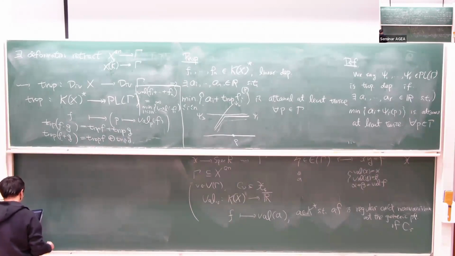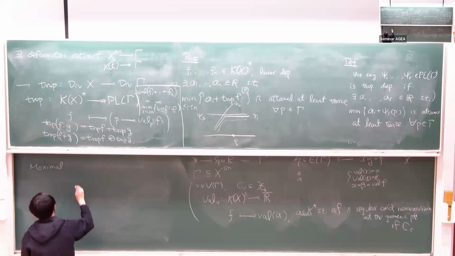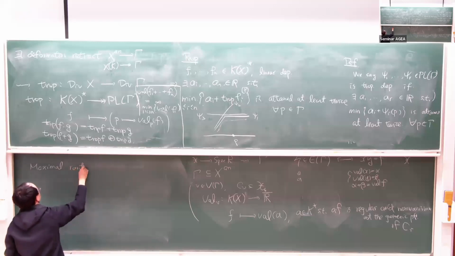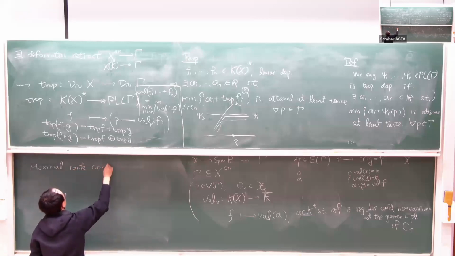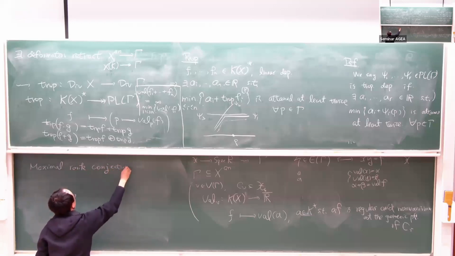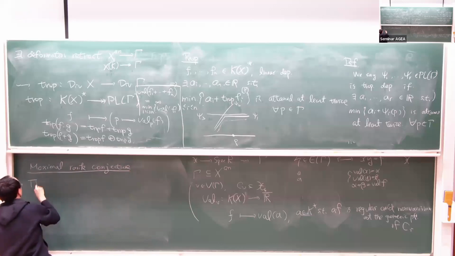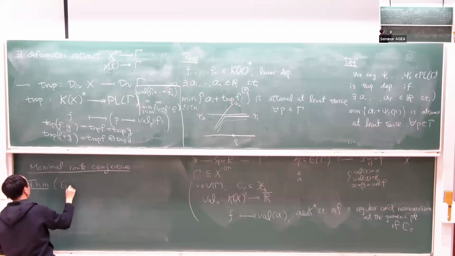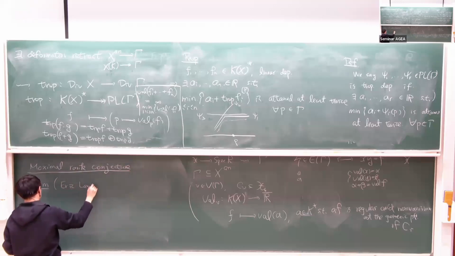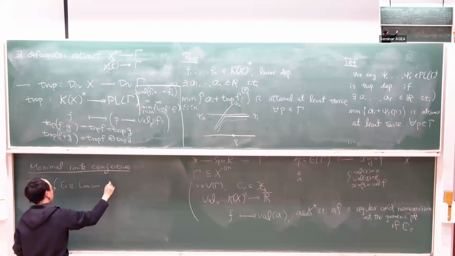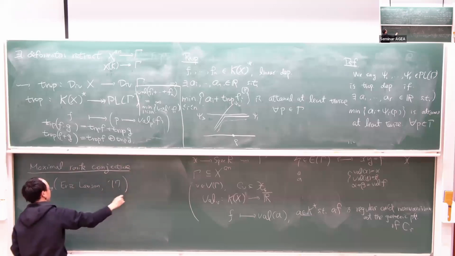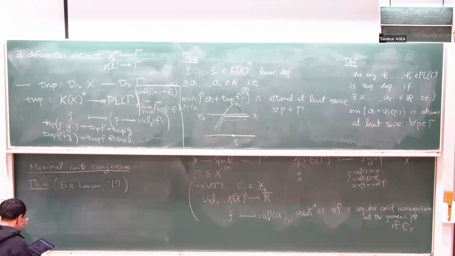So let's recall what the maximal rank conjecture is, which is now a theorem. This was proved by Eric Larson in a series of papers in 2017.